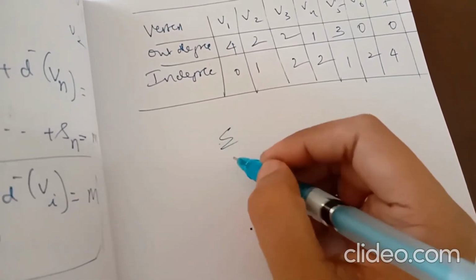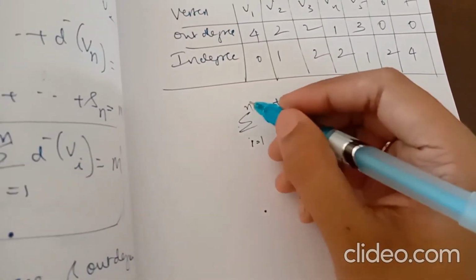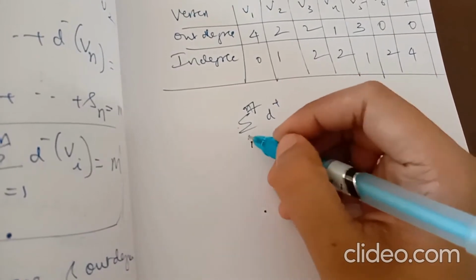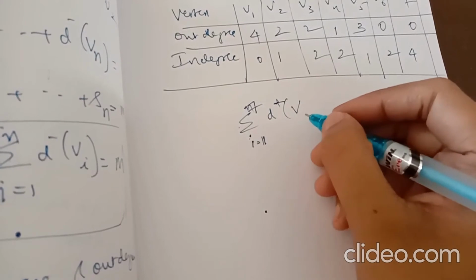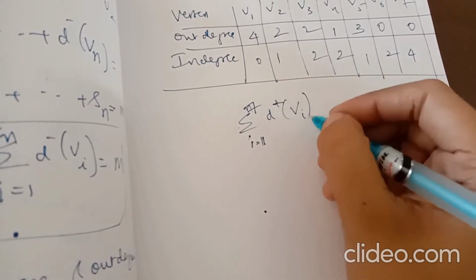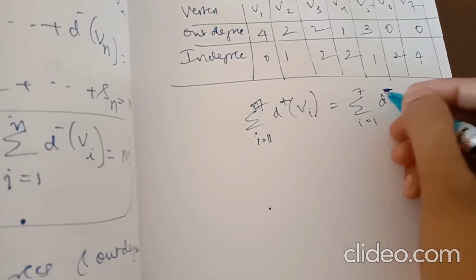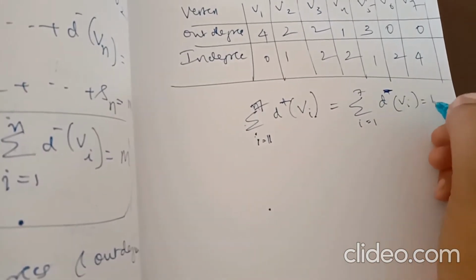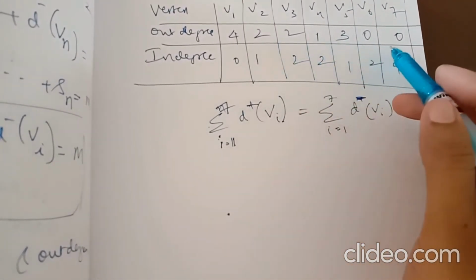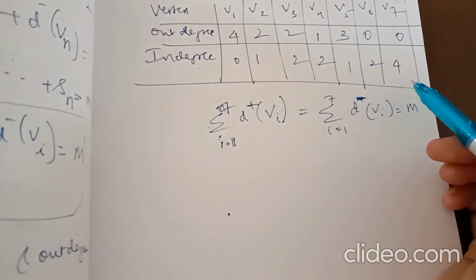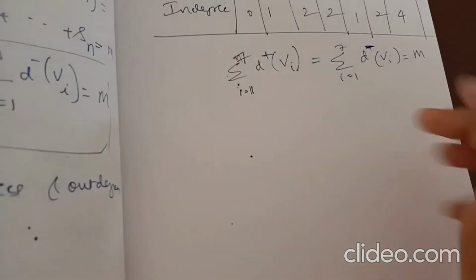So for all the vertices, from n vertices, and there are 7 here, for i equal to 1 to 7, the summation of all the out degrees is equal to the summation of all the in degrees. So this tallies. We have found that the sum of out degrees is 12, the sum of all the in degrees is also 12, and we also know that the number of edges is 12. So this result is proved.